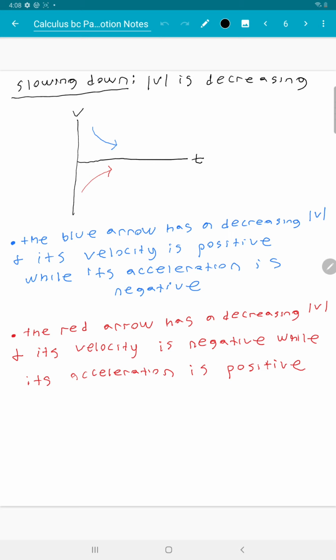The blue arrow has a decreasing speed, and its velocity is positive because it's above the x-axis, and its acceleration is negative because its velocity is decreasing. And the red arrow has a decreasing speed, and its velocity is negative because it's below the x-axis, while its acceleration is positive because its velocity is increasing.